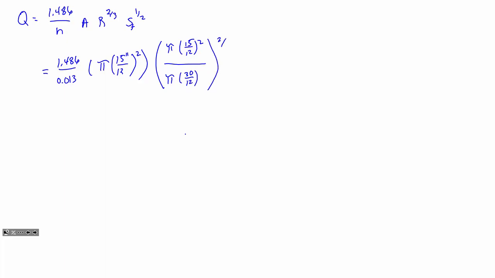All this will be raised to the 2/3. And then we can multiply by our slope, 0.00375, raised to the 1/2. So when we solve here, we see that we get a Q equal to 25.1 cubic feet per second, or feet cubed per second.